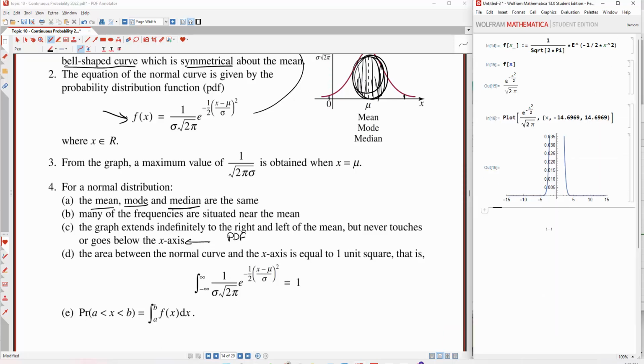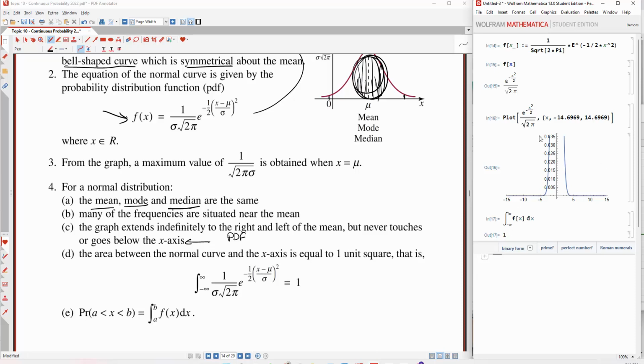So I'm just going to try that myself. So if I do dint, and I'm going to do infinity, and then I'm going to do negative infinity, for f of x, for the independent variable x, of course I get an answer of 1.